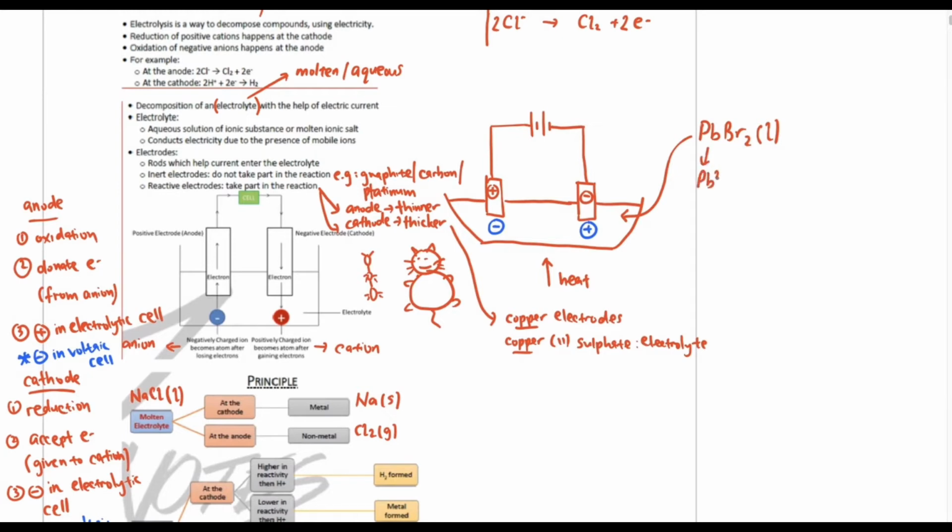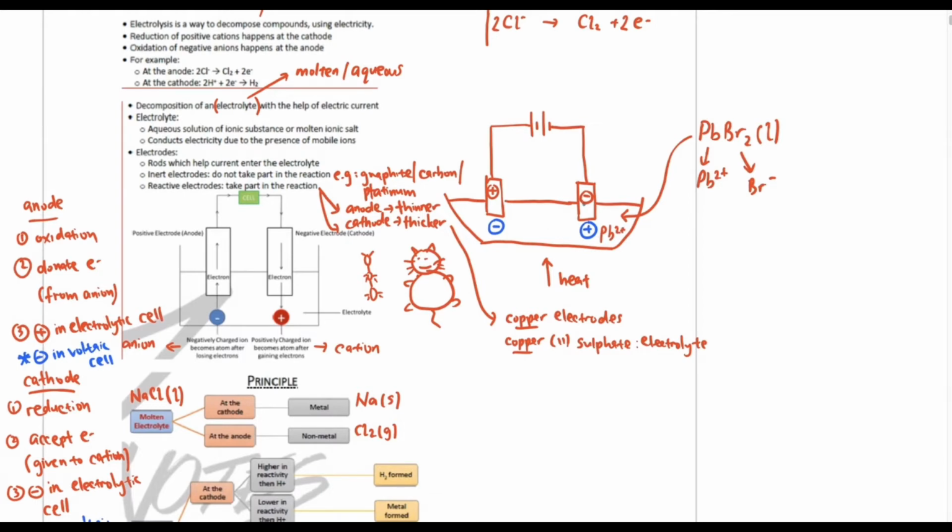In molten form, it becomes mobile ions. Bromide is Br-, 2 of the bromide. No matter what the quantity, the positive ion, the cation, will go to the cathode. Pb2+ will come here.